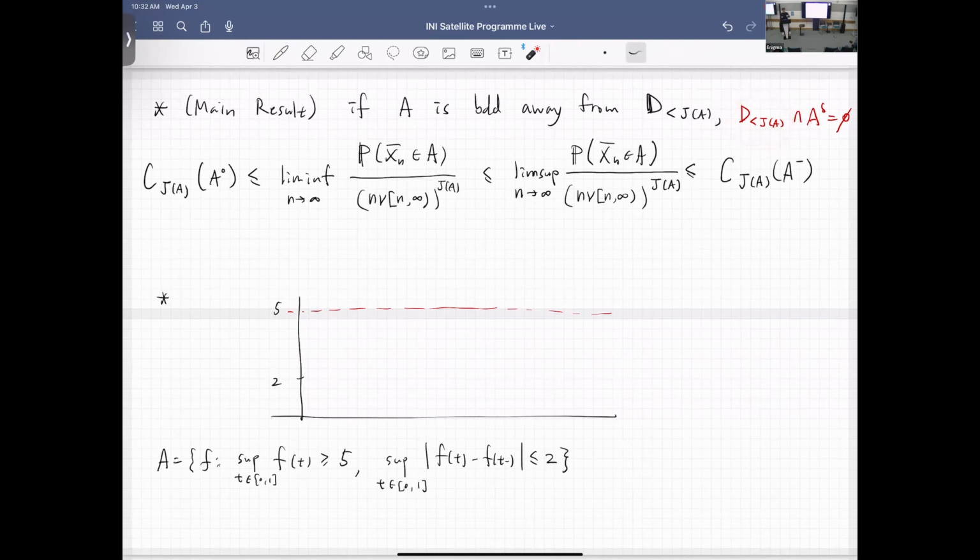You're only considering the distance between the step functions, so it's easier to verify. This is a small point: it's enough to verify this instead of bounded awayness.